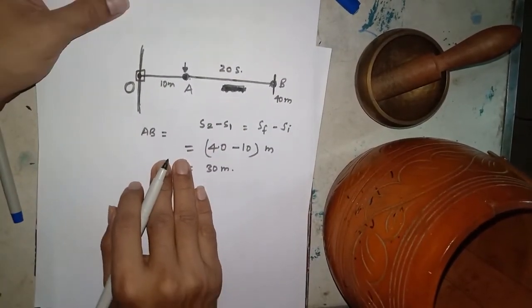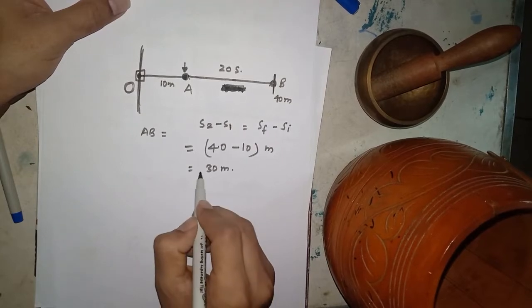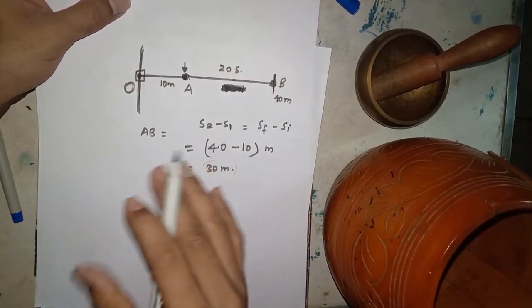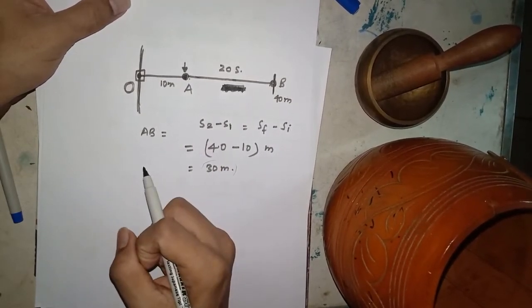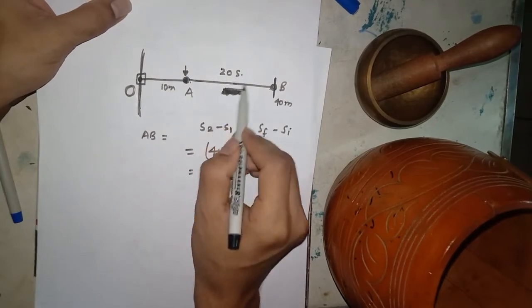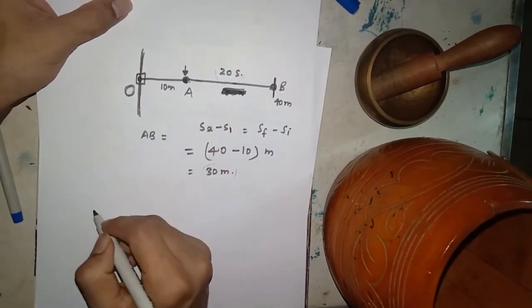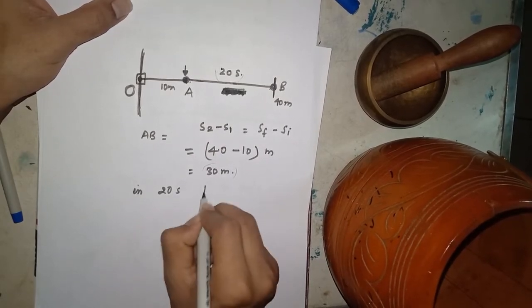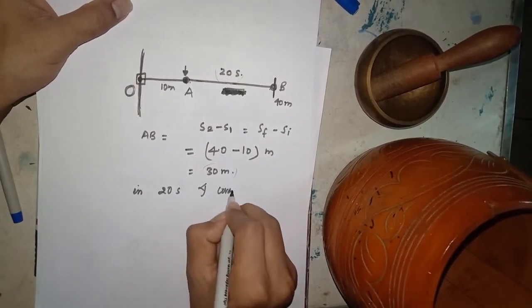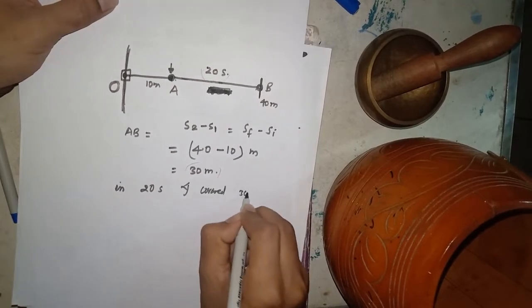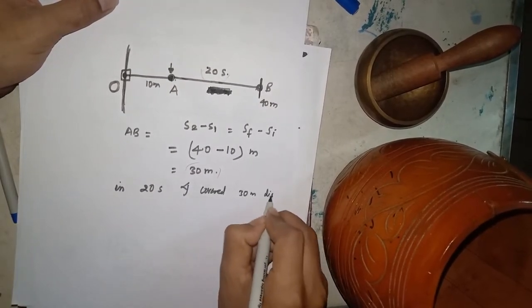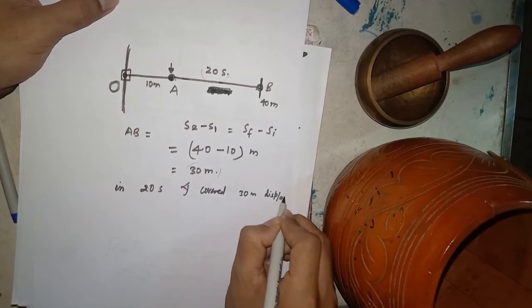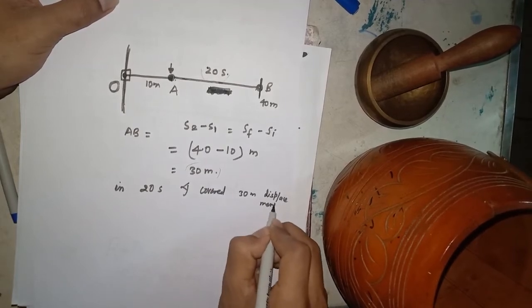And now this displacement is covered in what time? I have given you this displacement covered in 20 seconds. In 20 seconds, I covered 30 meter displacement. Have you got my point?